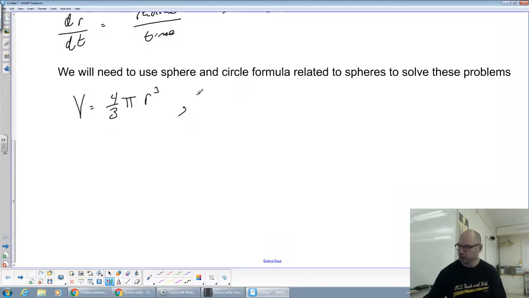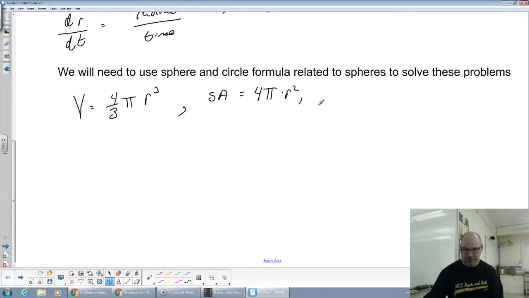Surface area, which I like to call SA to make sure that we know it's surface area, that's 4 pi r squared. And you'll notice the relationship between the two if you're thinking calculus, right? The derivative of this is just this, right?